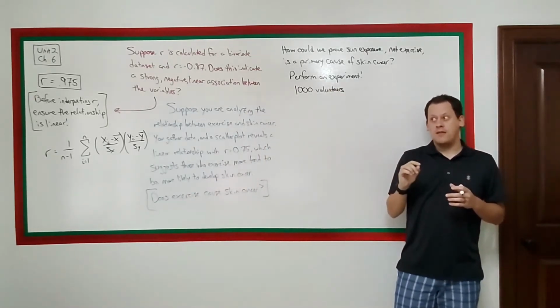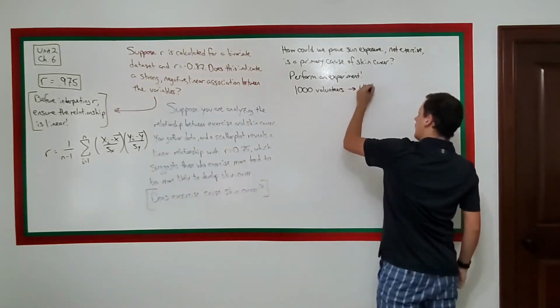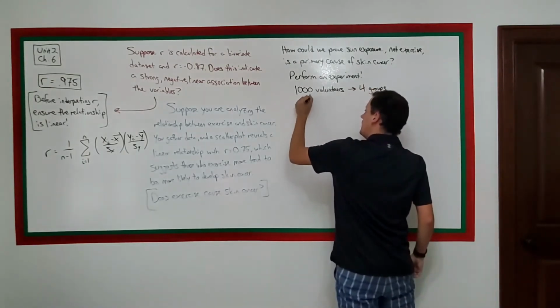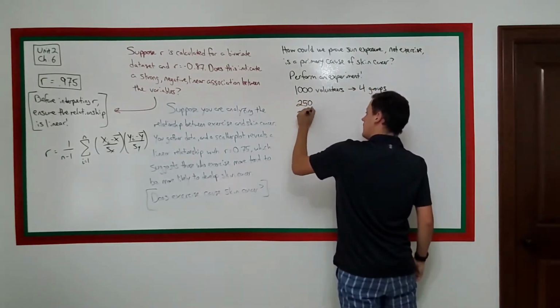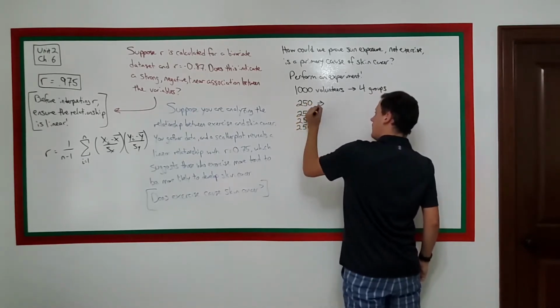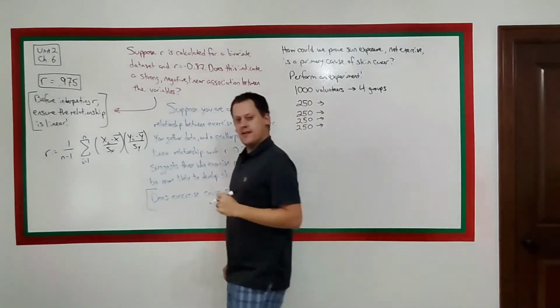So I'm thinking 4 groups, so 250 people each. So there are going to be 4 different treatments here.